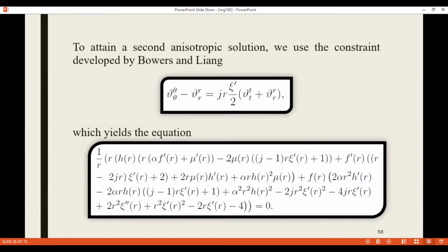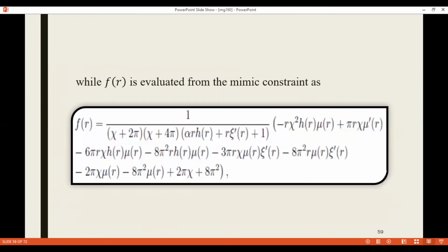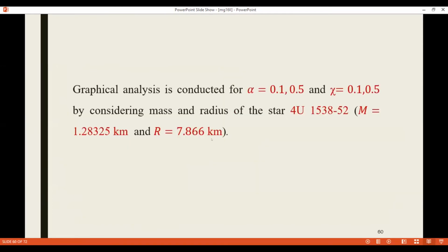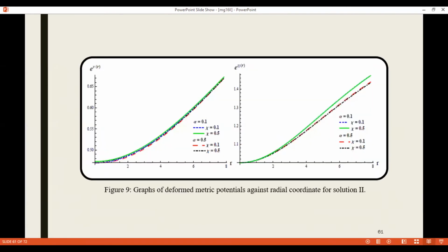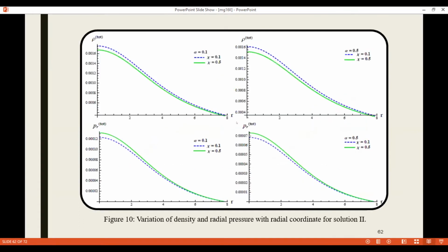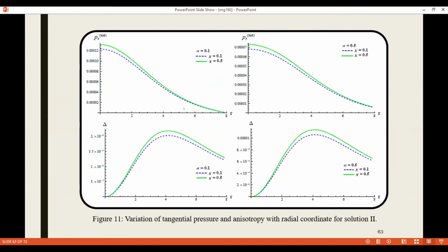This is given here, and we can use this constraint to calculate the solution. And here are the deformation functions. And again, we can see the graphical behavior. We can see that they again provide positive, increasing behavior, and the matter variables are obviously decreasing, but remain in a positive range.